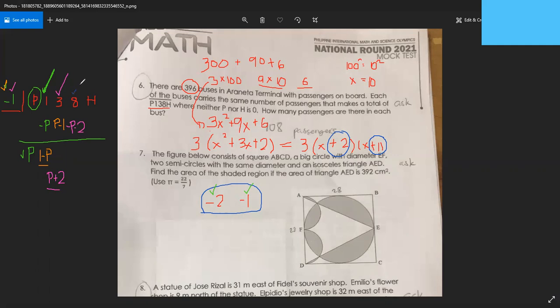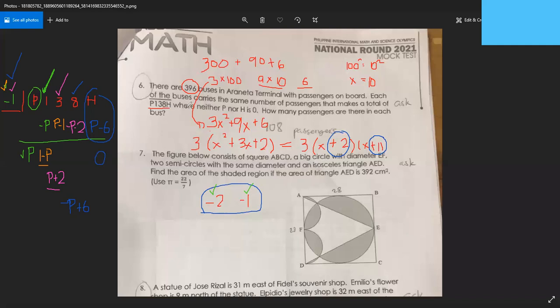So 8 plus -P minus 2, and that would be -P plus 6. And then the next is same, multiply -P plus 6 to -1, so that would be P minus 6. And when you add these two, this must be equal now to 0.